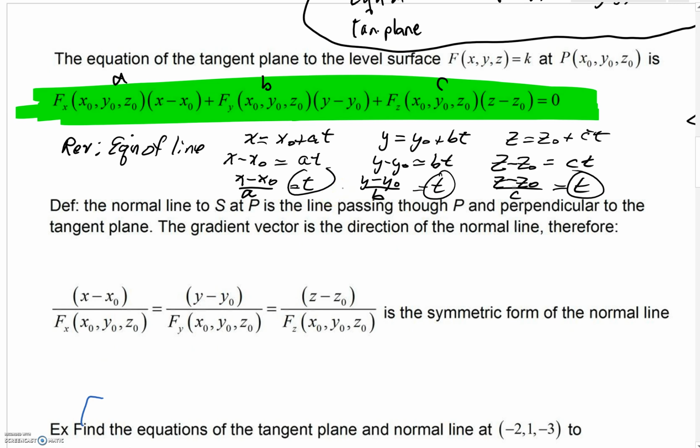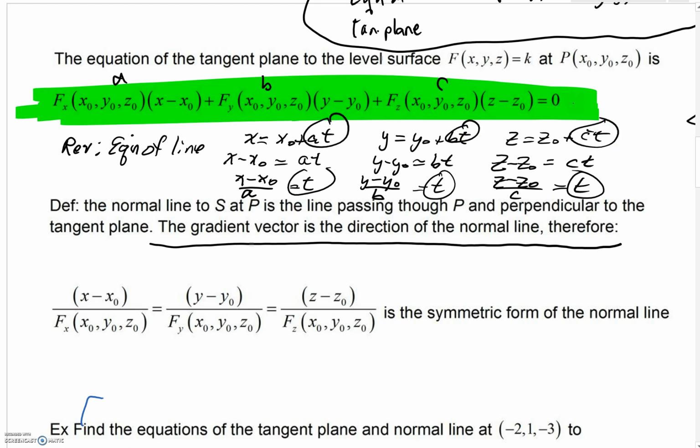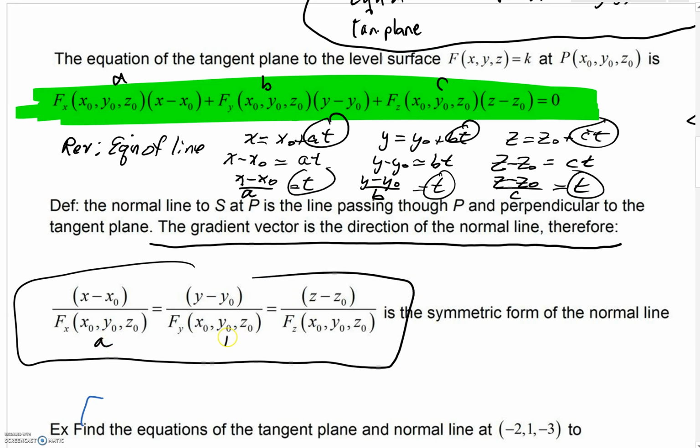So if I wanted to get the equation of that normal line, the gradient vector is that direction. So the gradient components, A, B, C, are showing up in the equations of the line. We could set x minus x naught all over A equals y minus y naught all over B. This is like your A, this is like your B, this is like your C. And that's the symmetric form of your normal line.